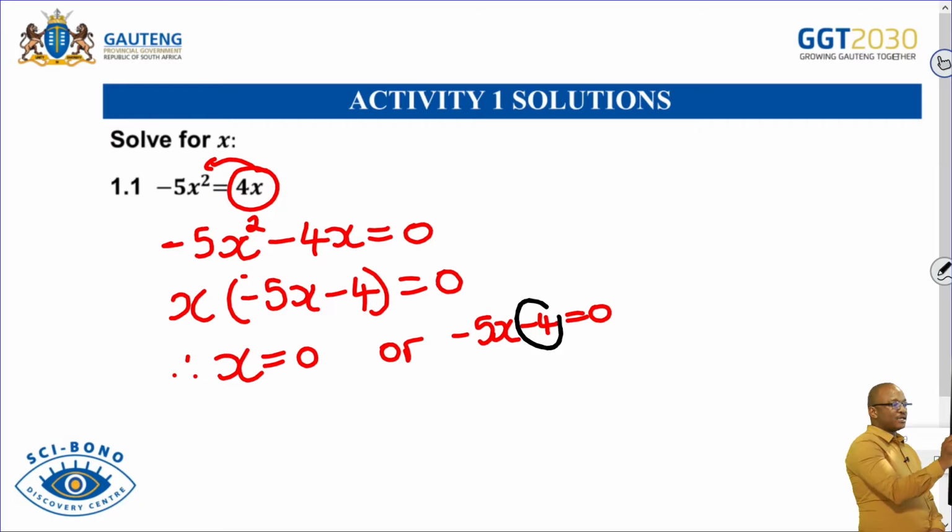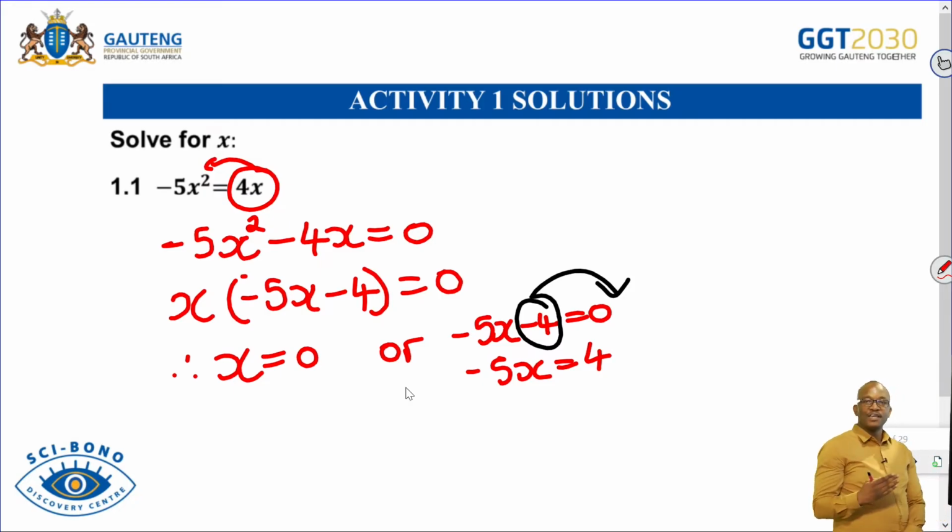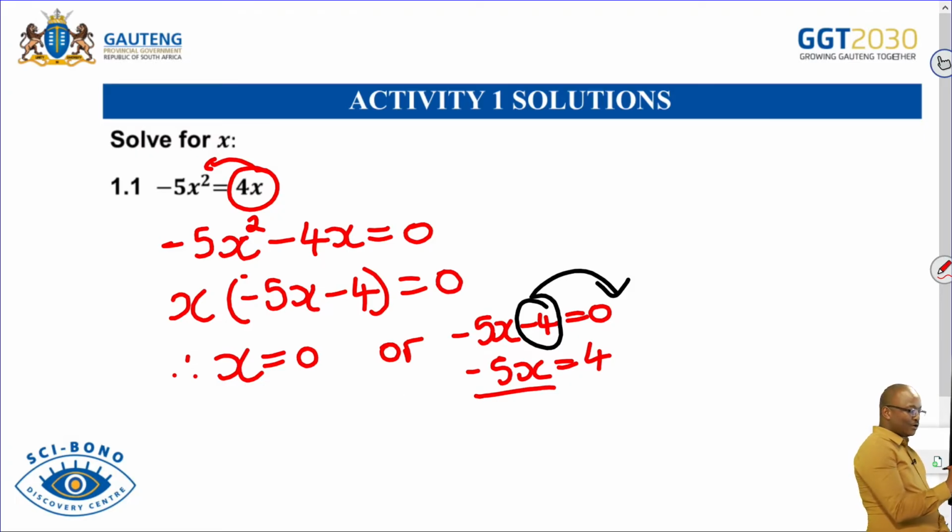You will take negative 4 and transpose it to your right-hand side. Then we'll have negative 5x is equal to, it will change the sign to what? To positive. So now you have negative 5x is equal to 4. And the question says x must be the subject of the formula as we are solving for x. Then I need to get rid of this negative 5. Multiplication goes hand in hand with division.